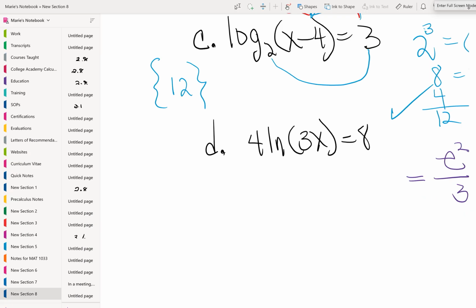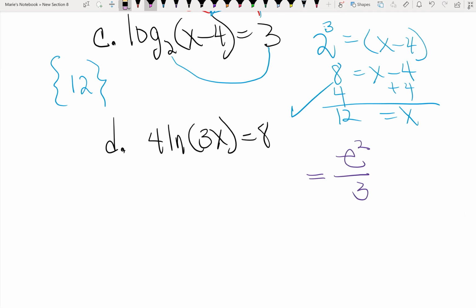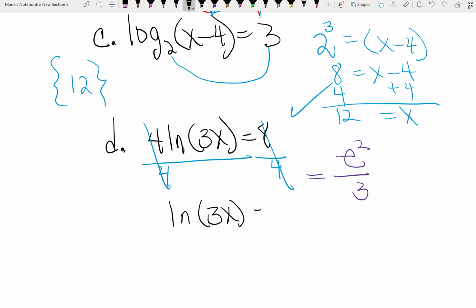All right, so I've given you a little bit of time to think about this. The first step you're going to take is to divide by 4 on both sides. That's step 1. This is going to leave you natural log of 3x is equal to 2. Anytime you do this with natural log, this becomes 3x is equal to e to the second.